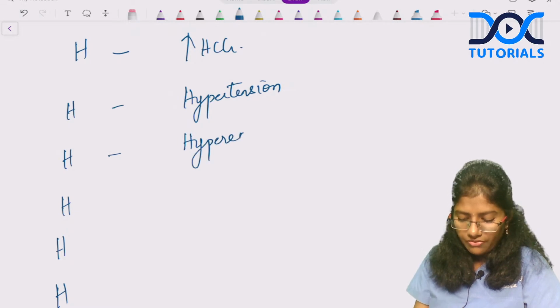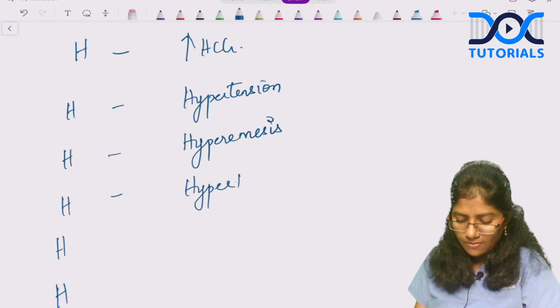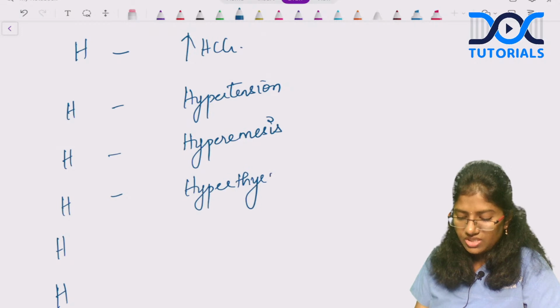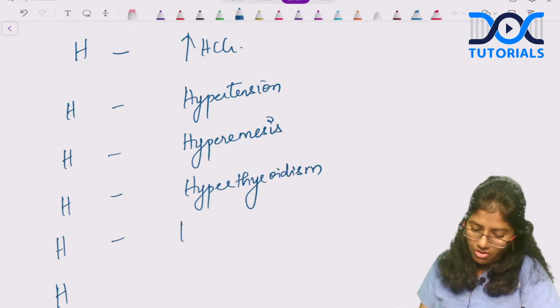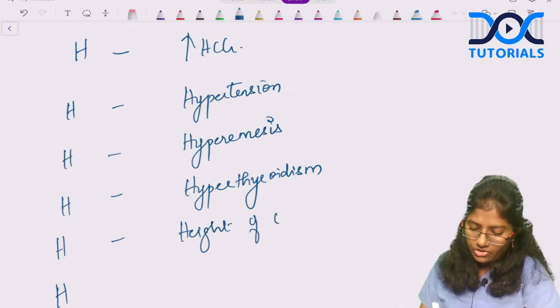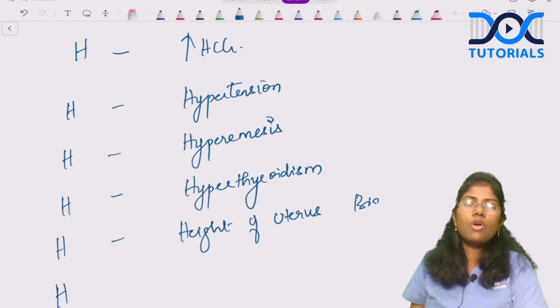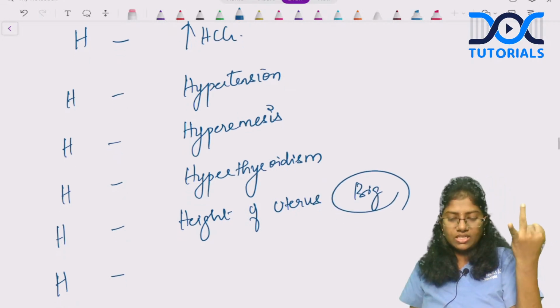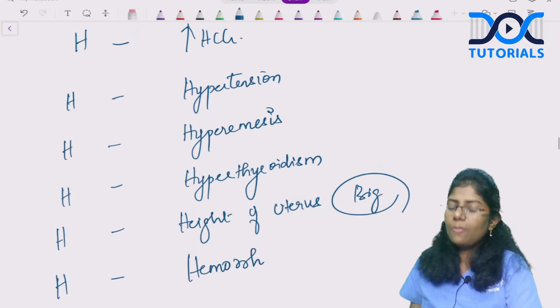The fifth H is for height of the uterus, usually more than the given gestation. And the last H is for hemorrhage. These are the 6 important H related to complications: high levels of HCG, hypertension, hyperemesis, hyperthyroidism, height of the uterus and hemorrhage.